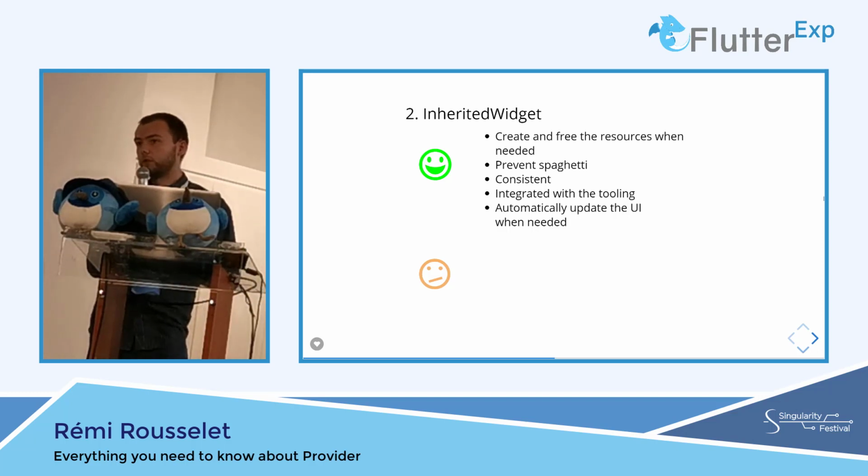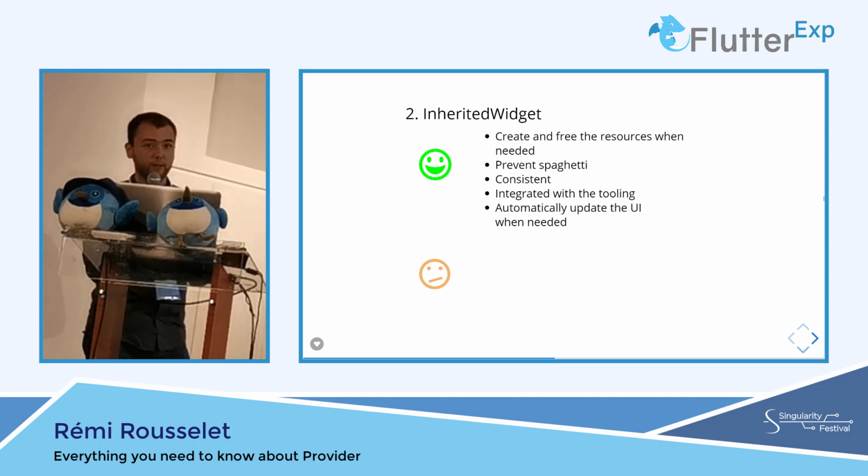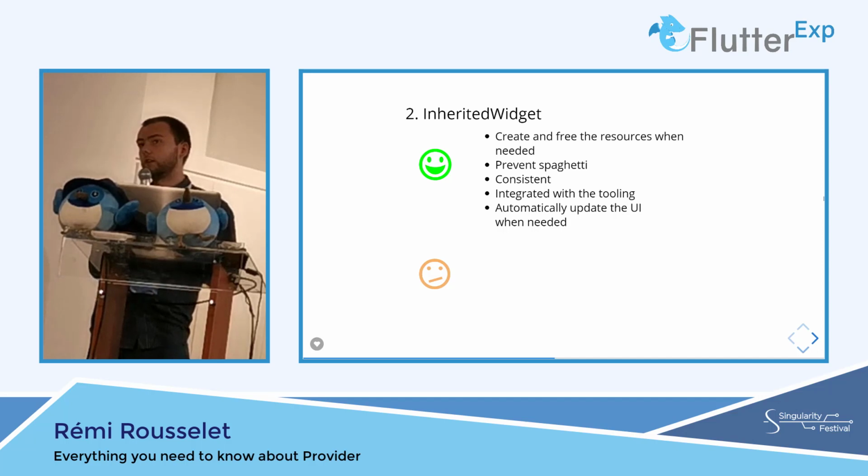The developer never has to manually manage this state. And it prevents spaghetti code because, like we said earlier, widgets are very strict in how we can obtain the state thanks to this unidirectional data flow. So we can't have cyclic dependencies.